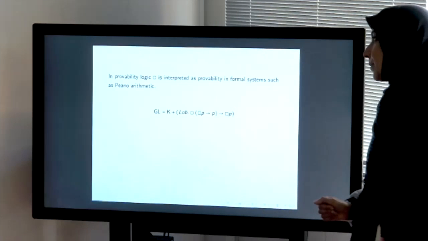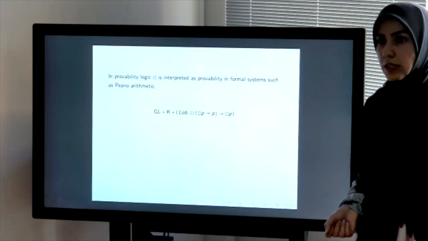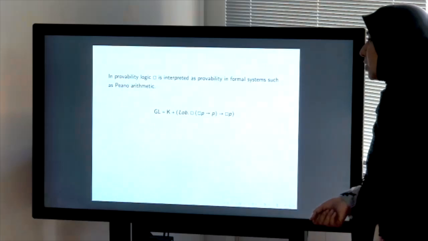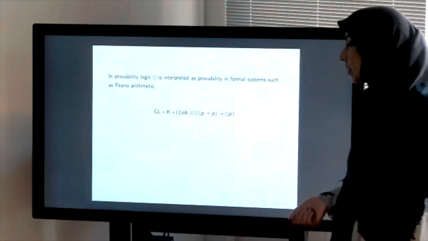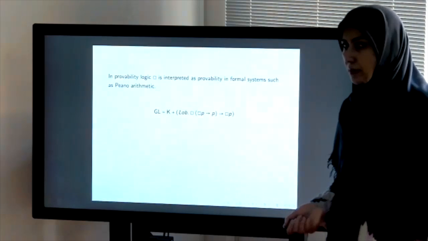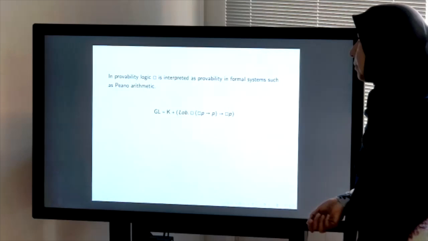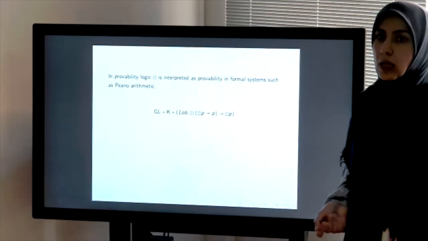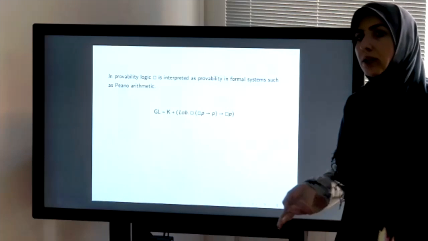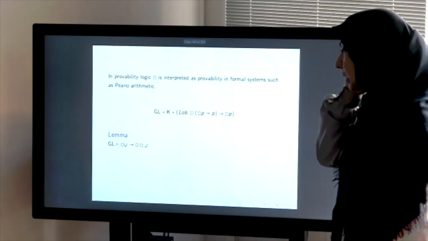GL is the logic which contains the basic normal modal logic K, and also the axiom Löb, which is the axiom box of (box P then P) then box P. This axiom is named Löb because of his work in provability logic, and provability logic is also called Gödel-Löb provability logic.